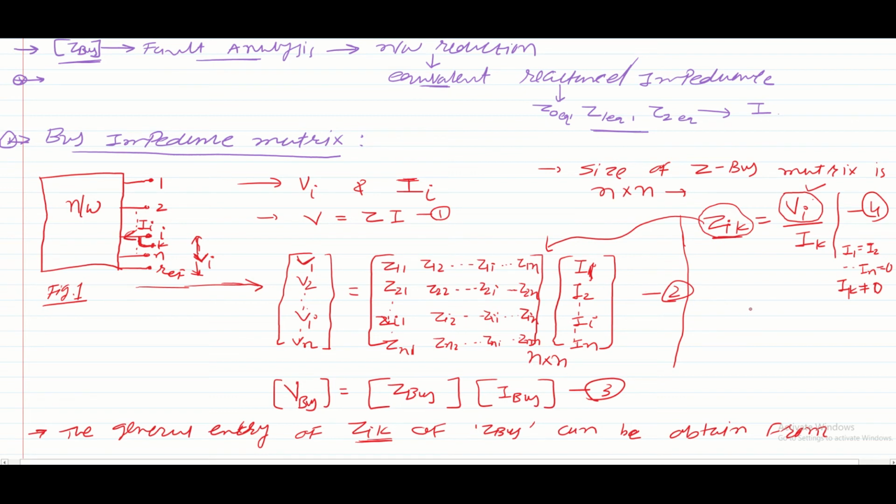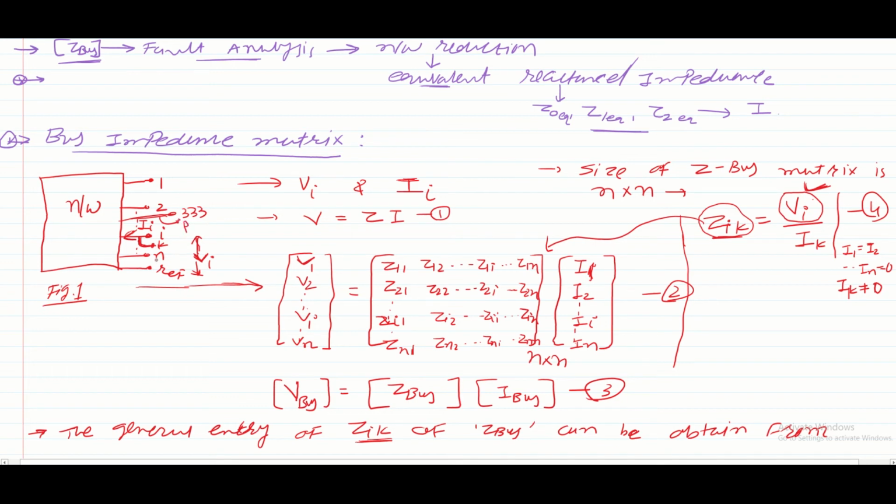So it is not possible to calculate the voltage value every time. Suppose at bus number 3 a new element P is added.